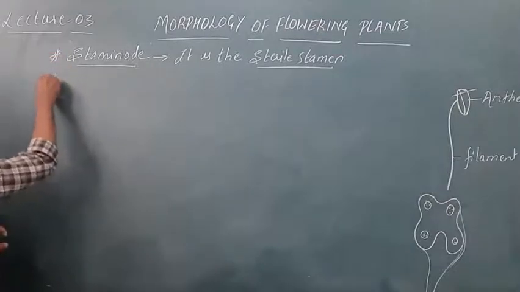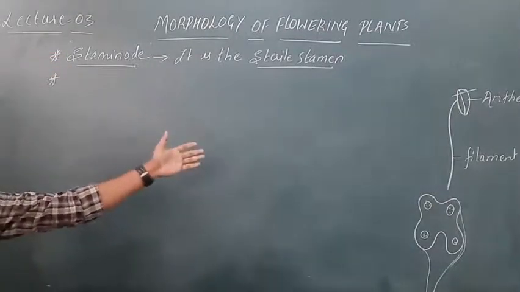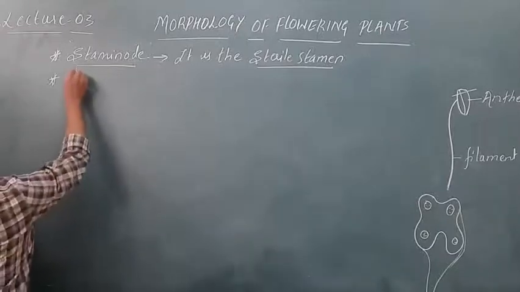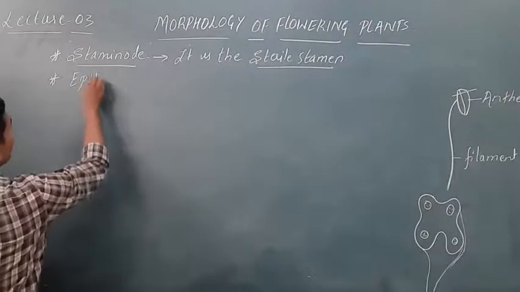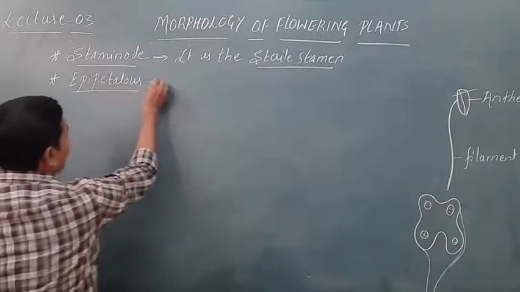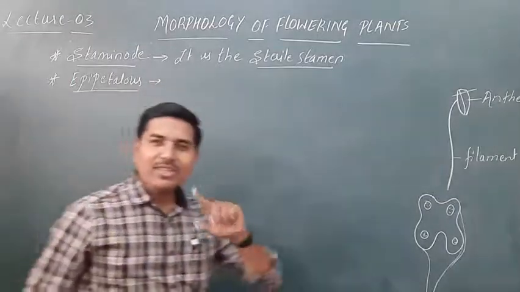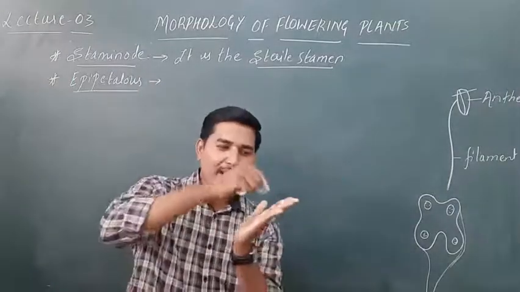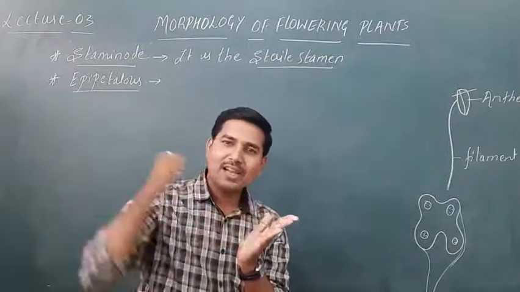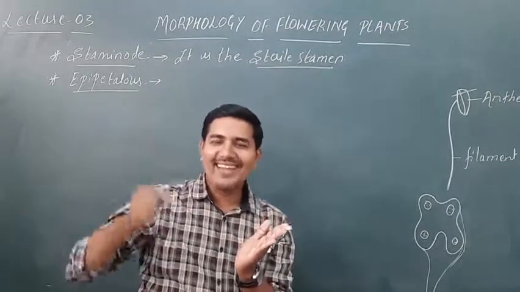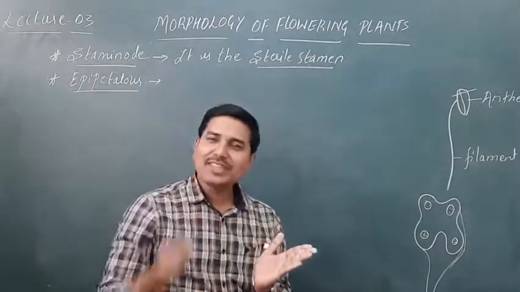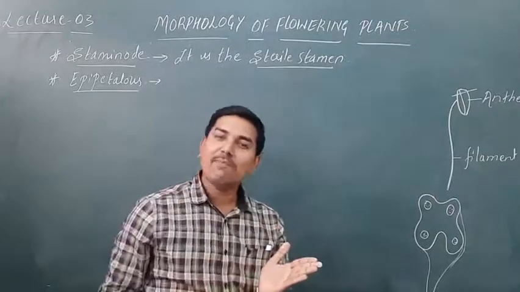Let us go to one more definition with respect to the stamens, which is called epipetalous. If the stamens are present on the petals, growing above the petals, epi means above and petals means petals. If the stamens develop above the petals, such a condition is said to be epipetalous.